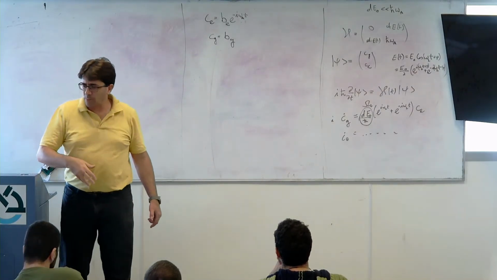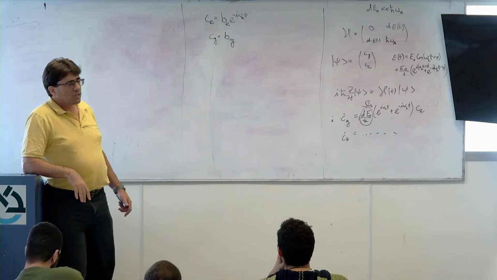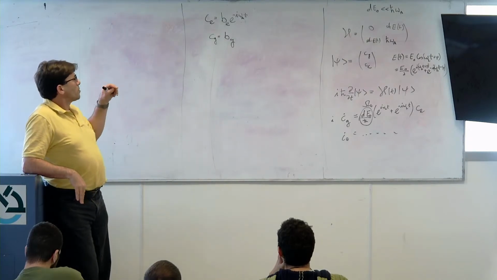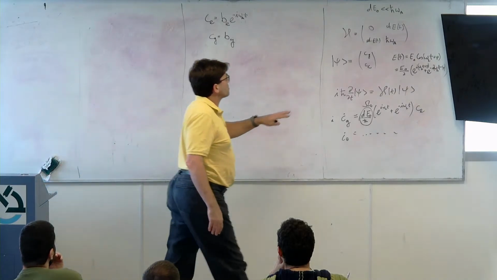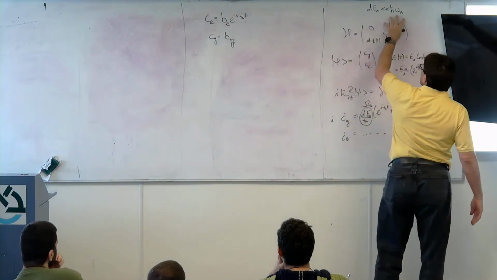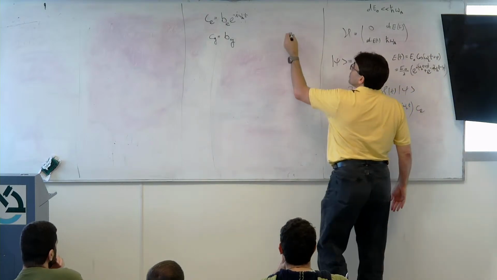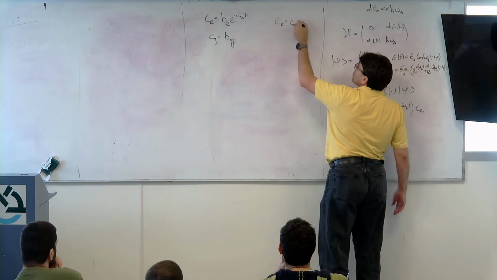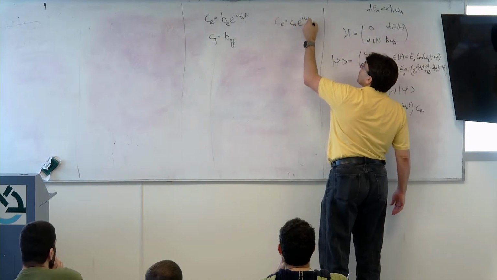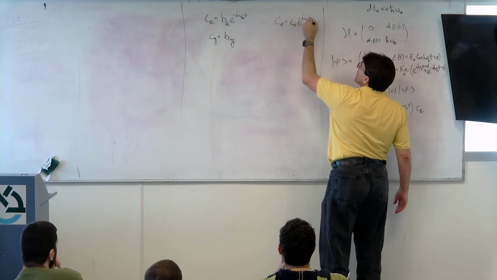I would do that because I know the solution: if this doesn't exist, then I know for sure that CE equals just some initial value times e to the minus I omega atom t.